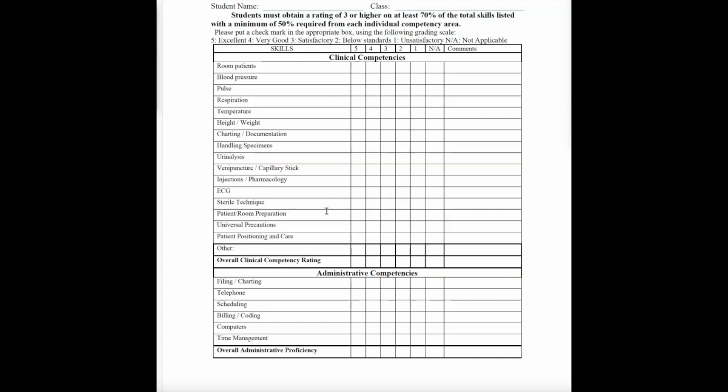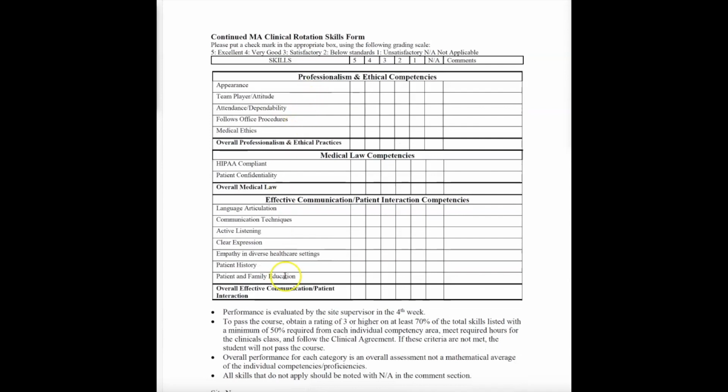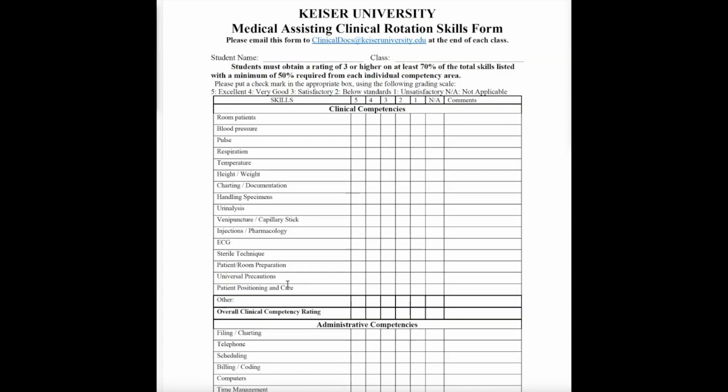So just as an example, let's say your office is only able to accommodate 50% of the clinical competencies, 50% of the administrative competencies, but 100% of the competencies on the second page. This would qualify you to complete the course by meeting that 70% overall with at least 50% from each competency area. This skills form is going to be submitted to the email shown as well as to your online classroom.